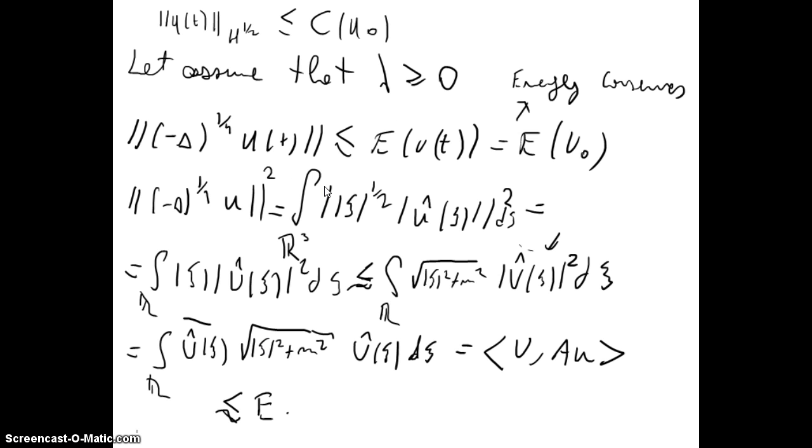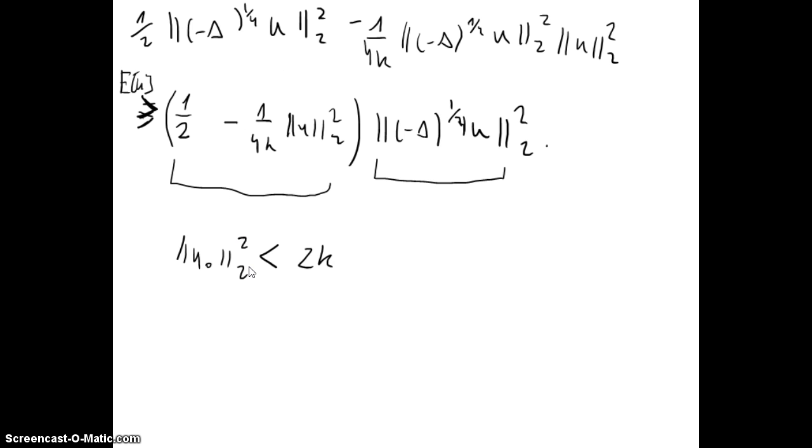Recall that that's what we needed when we did the defocusing case. Here you can see it. We have a bound that depends on the L2 norm of Laplacian to the 1/4. So with this we obtain the bound that we wanted for the defocusing case.